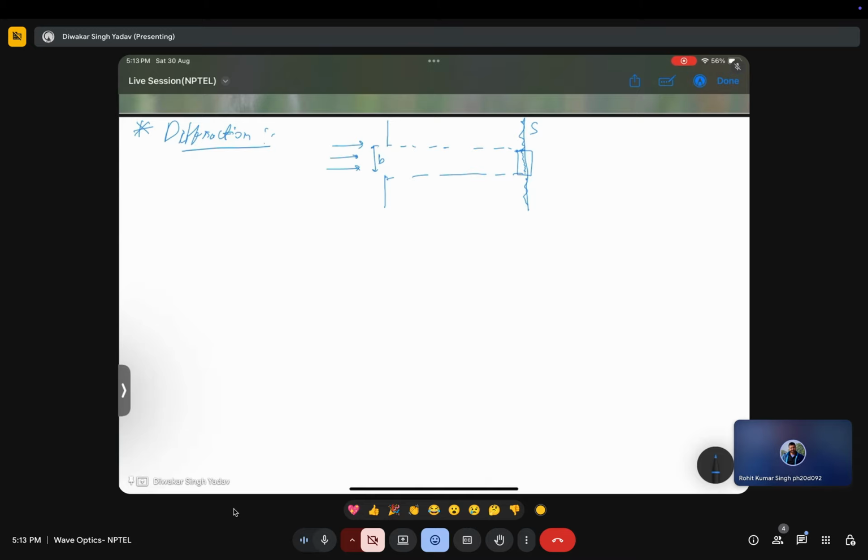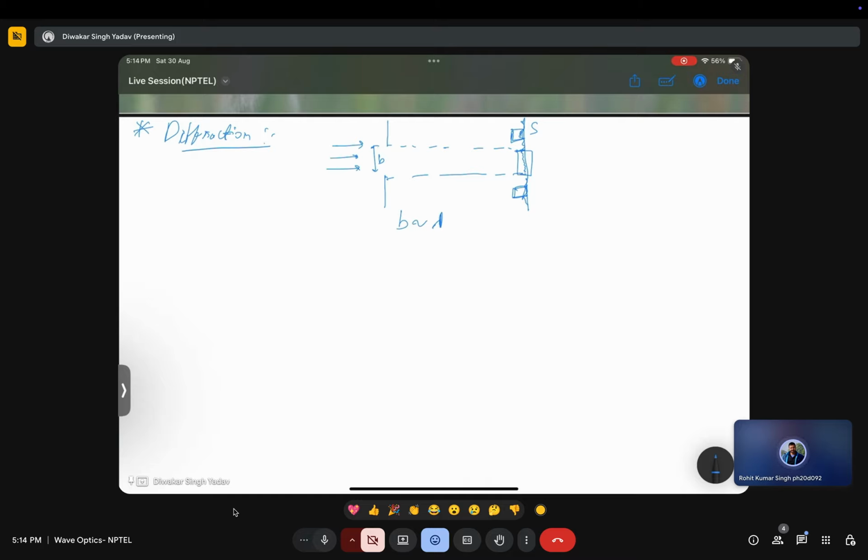But if this slit width is of the order of the wavelength of the incoming light, then something interesting happens, and you get illumination in these portions also, where you expected it to be dark. And this phenomenon is what we call diffraction.